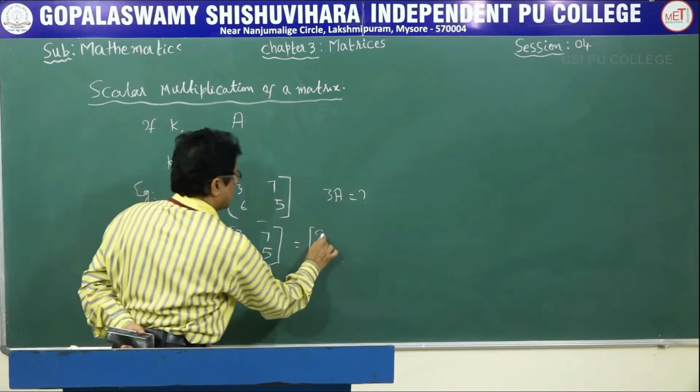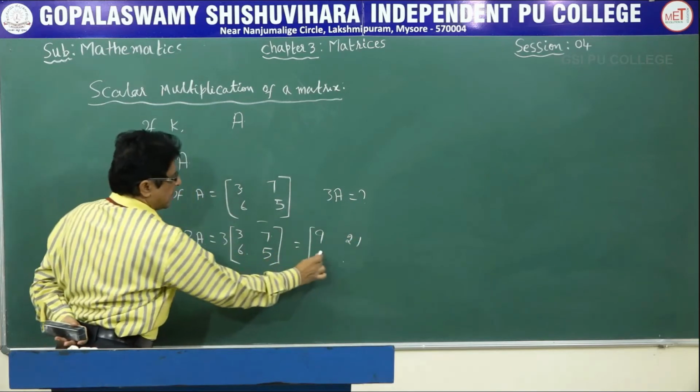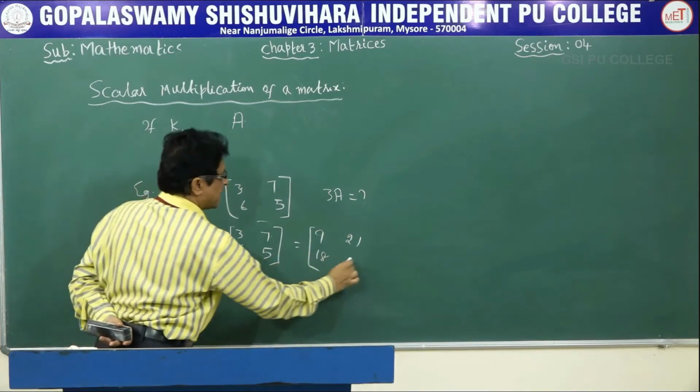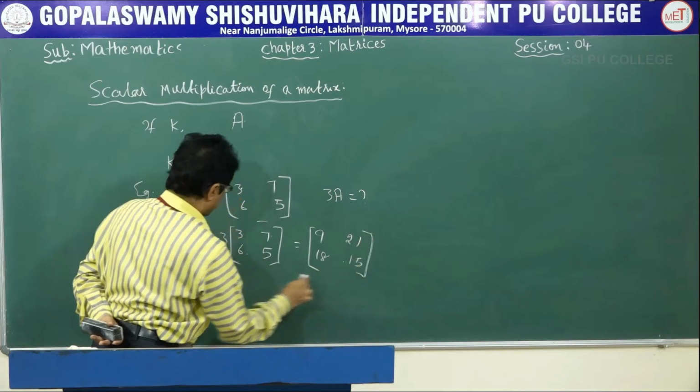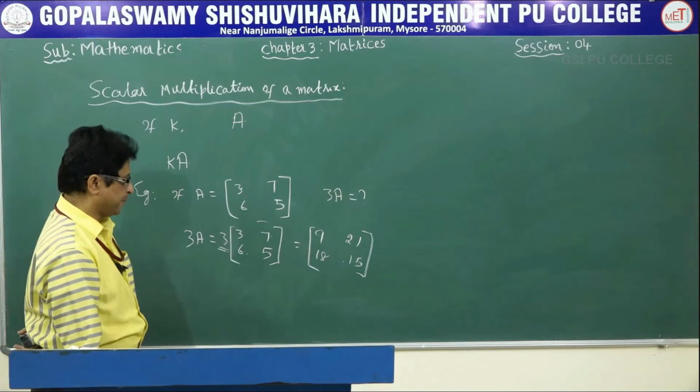So 3 3s are 9, 3 7s are 21, 3 6s are 18, 3 5s are 15. Here 3 is a scalar, means some constant.